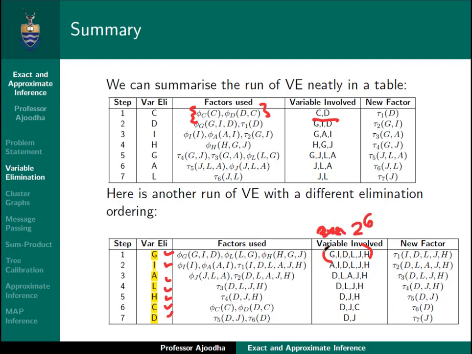And this is just with binary random variables. If there were maybe 10, this will be much higher, and so on. So it looks like the ordering does matter because it produces different kinds of complexities. The other thing to notice here is that even after summing out the variable, you still have a very big factor. You still got to store that factor and then use that factor in the next multiplication.